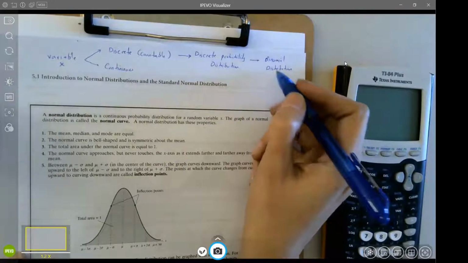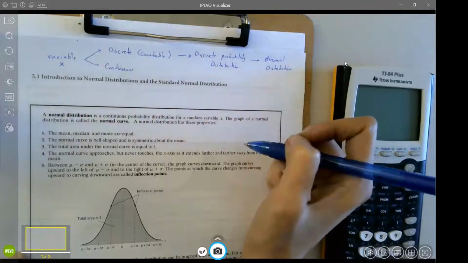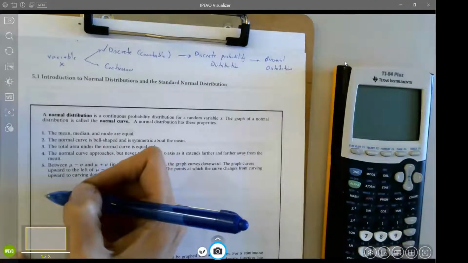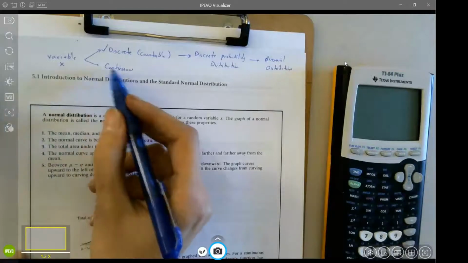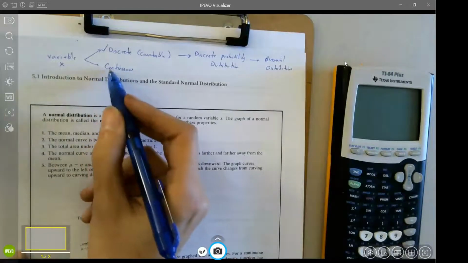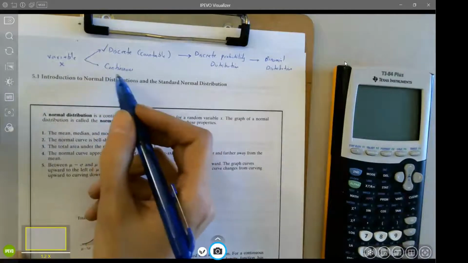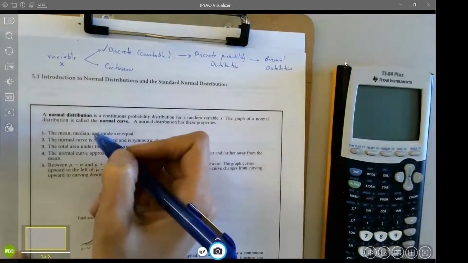Remember that X in a binomial distribution counts the number of successes in your experiment. So we're done with discrete variables. We're going to talk about continuous variables and the normal distribution as one of the important continuous probability distributions.